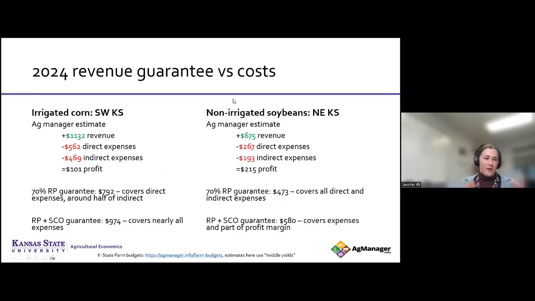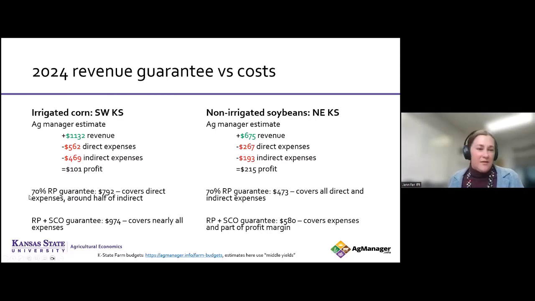And this plays out in our crop budgets, with generally narrower profit margins. These are the crop budgets we put out, and they're just averages. They give an indication of the general conditions. So irrigated corn in Southwest Kansas, after paying for their direct expenses, as well as rent and capital costs, is looking at about $100 profit per acre.